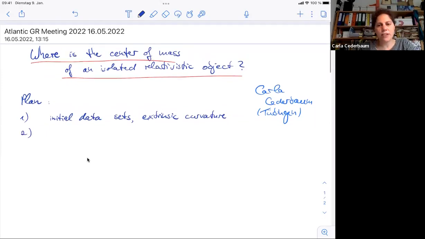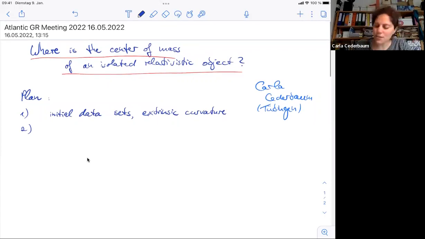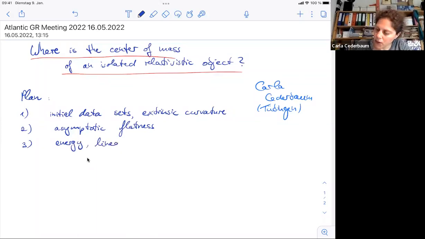So I'll start very slowly, and I'll try to introduce everything I'm going to talk about later. And then I'm going to introduce the concept of asymptotic flatness of initial data sets. And then I'll talk about energy, linear momentum, and mass of asymptotically flat initial data sets.